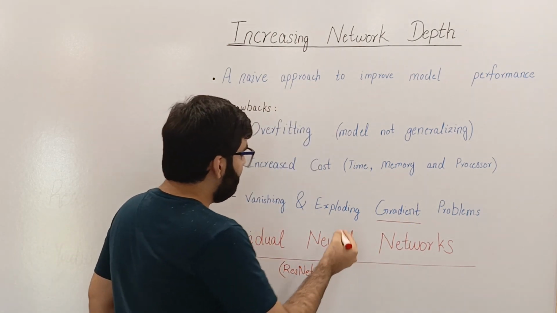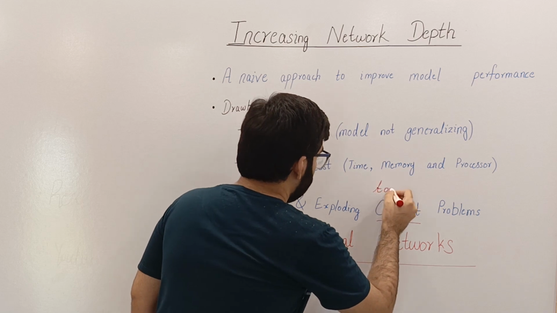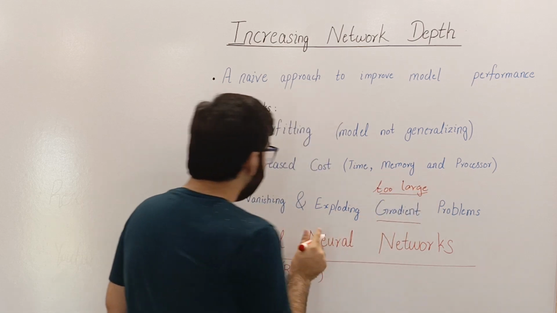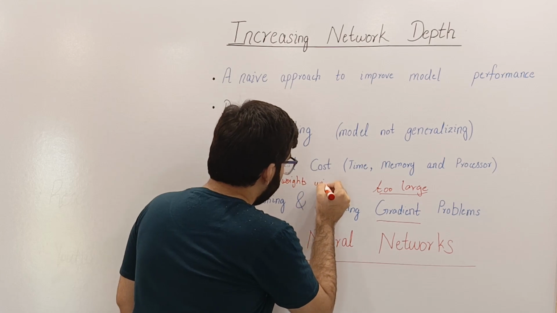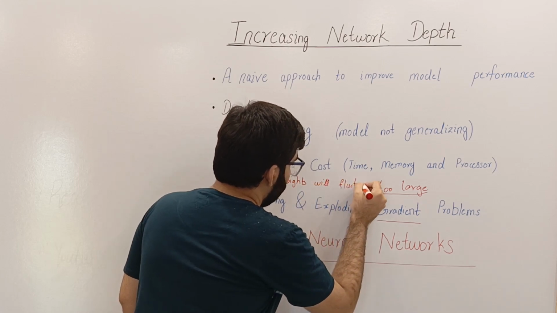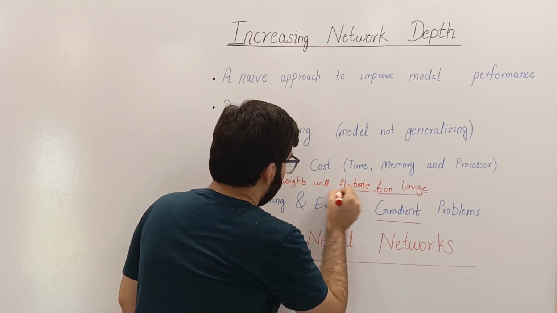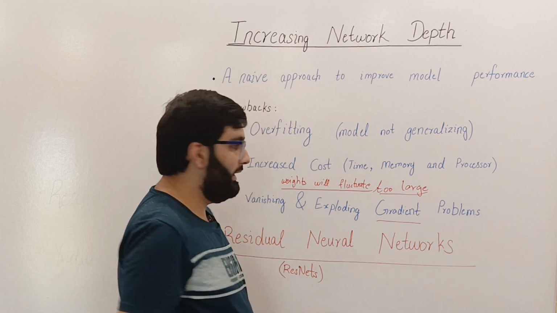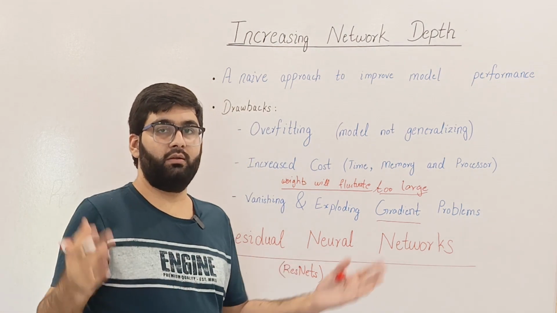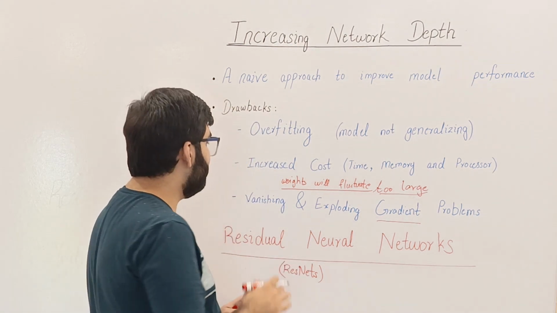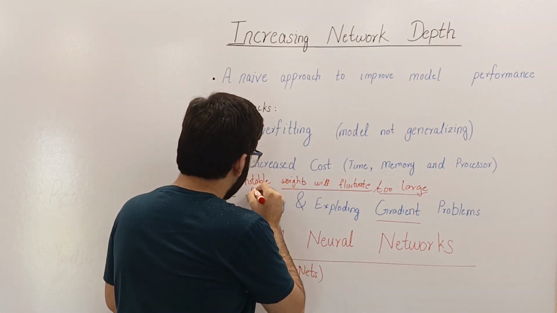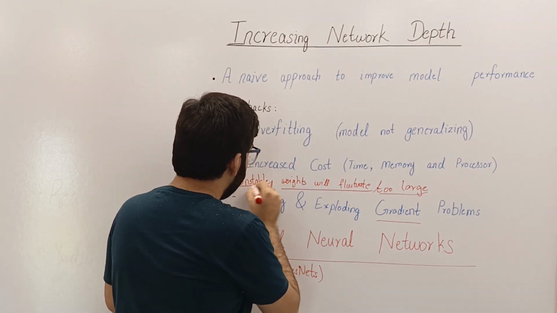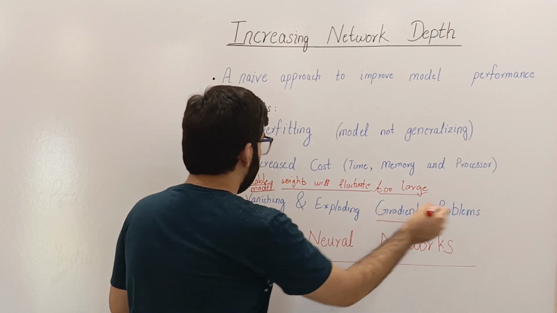If the gradients become too large, then the weights of the model will fluctuate and become volatile. That means the gradient is exploding and the model is getting unstable, and it is termed the exploding gradient problem.